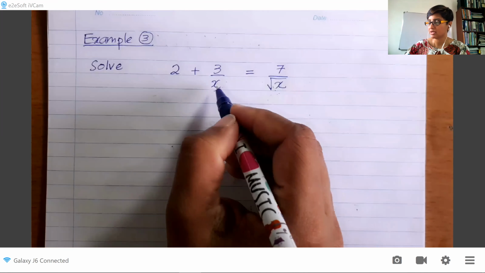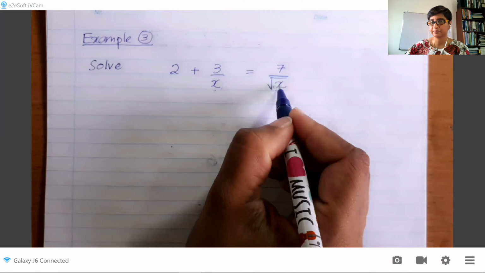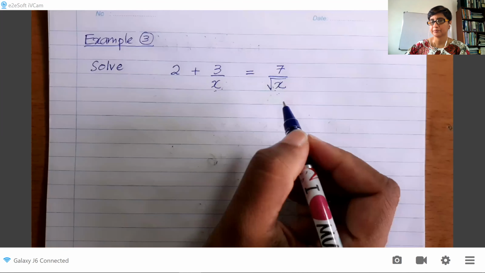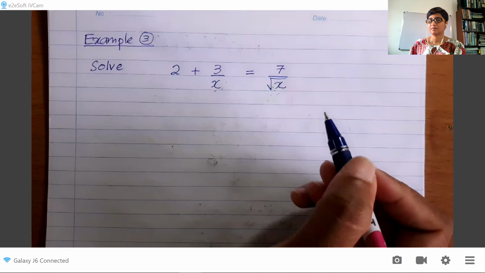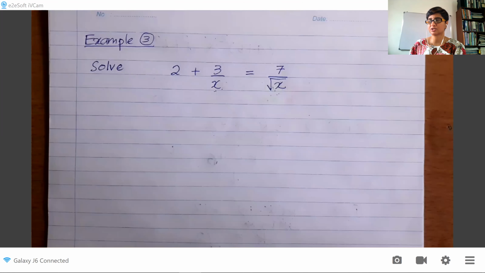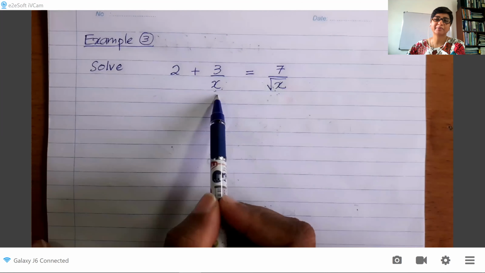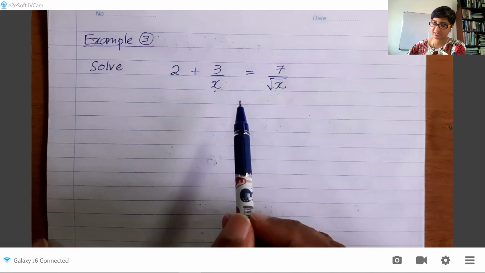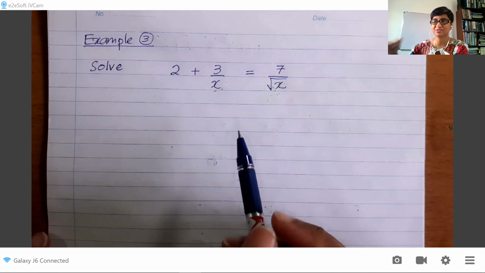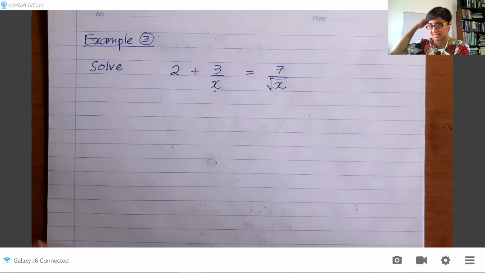If this was 2 and this was root 2, what's the smallest common number for those two? 2, yeah. So like that, you can multiply by x. If you multiply by x squared, a bigger one than that will still work. You will just have big expressions.